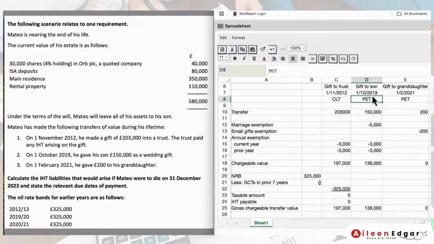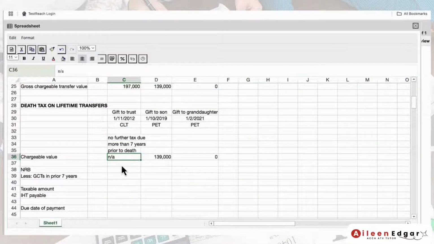Okay, so the 197 figure is not forgotten. We will be coming back to look at that, but we're not going to recalculate this one here for the CLT. So with nothing further to do with that CLT, we can move on to look at the things that do fall within the 7 years before Matteo's death.